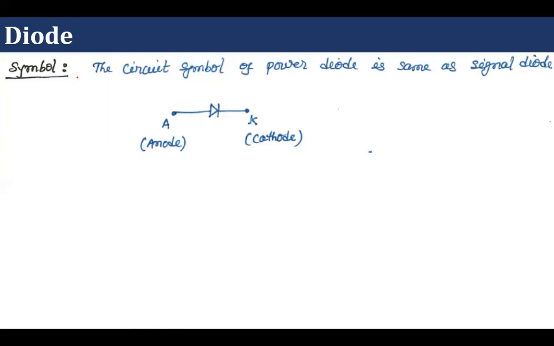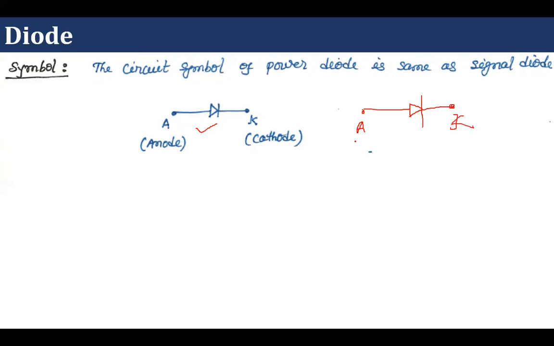Okay. So the symbol of this PN junction diode is like this. It has two terminals, and we have an arrow direction, and here we have a vertical line. This terminal is known as anode and this terminal is known as cathode.